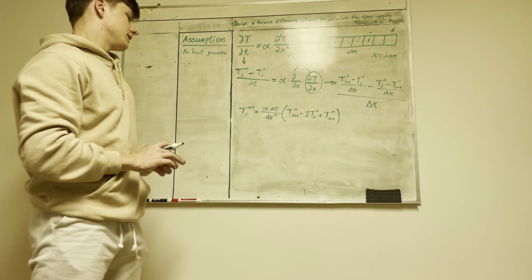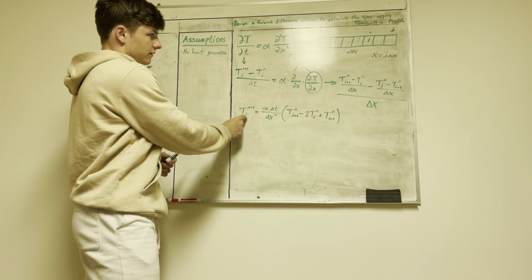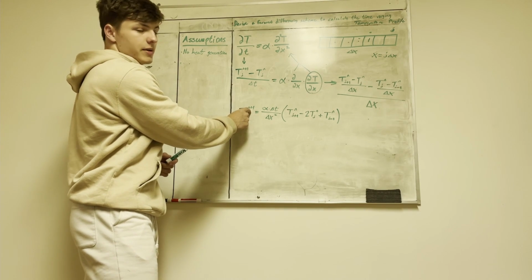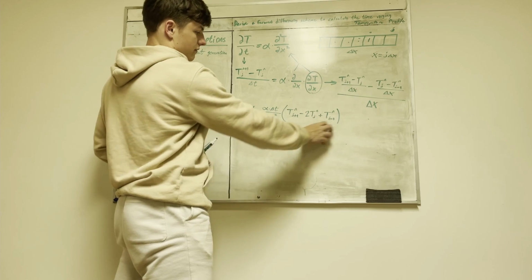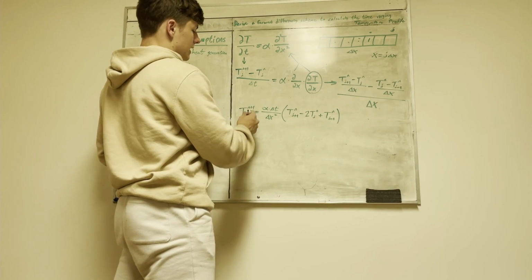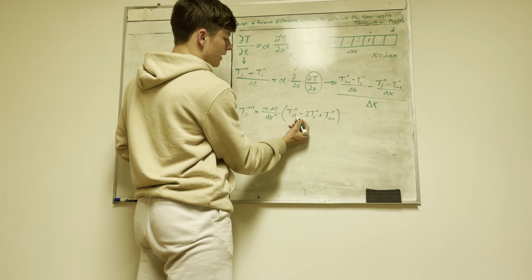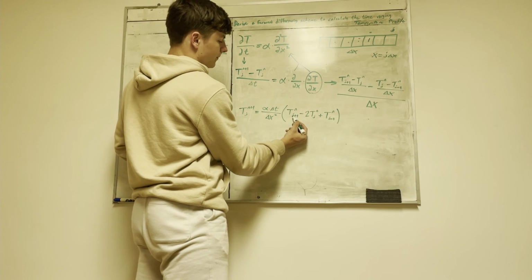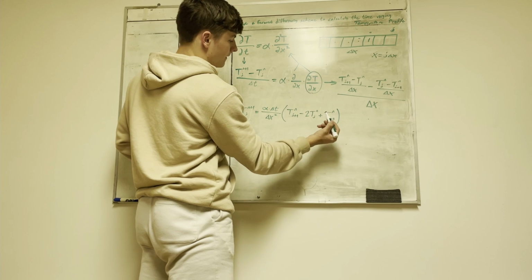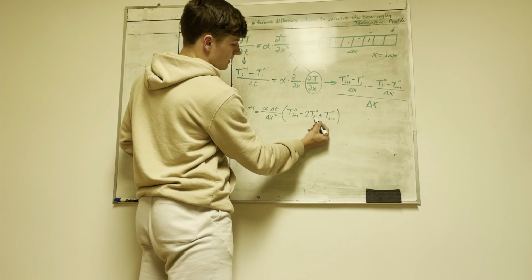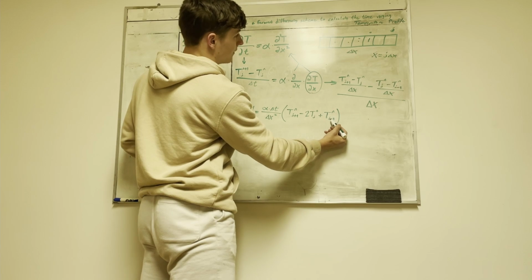And so basically what this is saying is the temperature at some position j at some later time n plus 1 is equal to this here. So to find that using our finite differencing, we need the temperature at the node to the right of the specified one, the temperature at the current node that we're looking at, and then the node to the left of it.